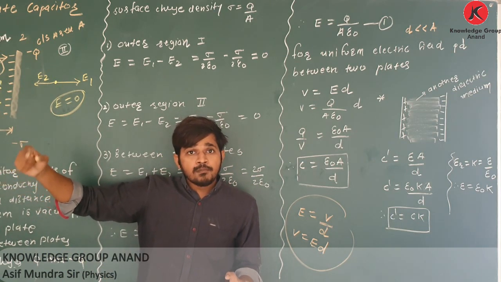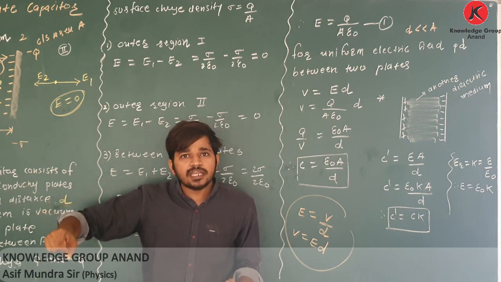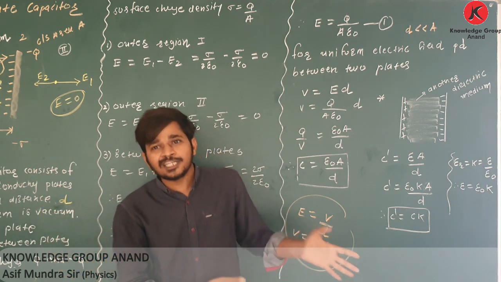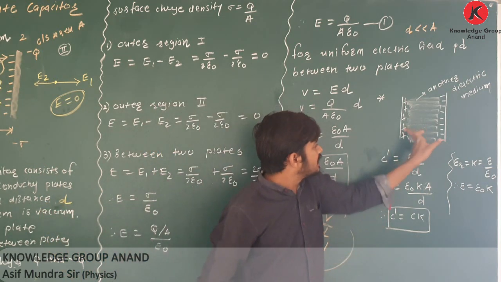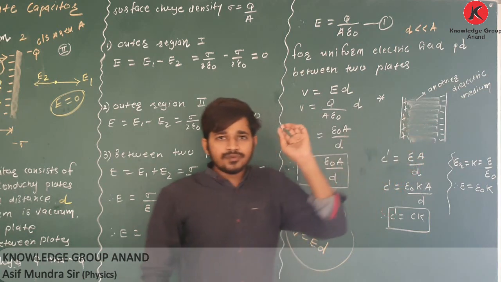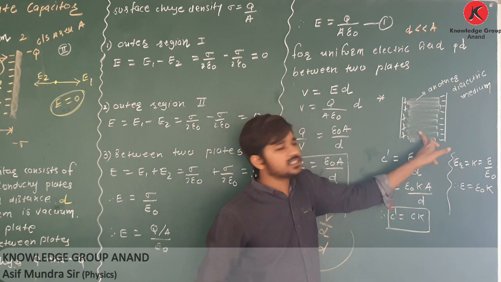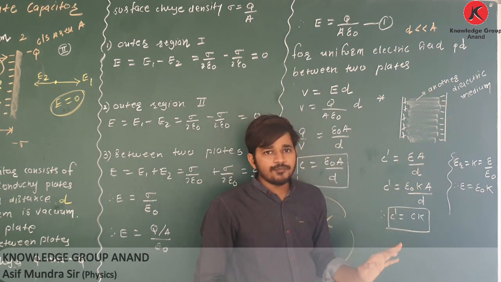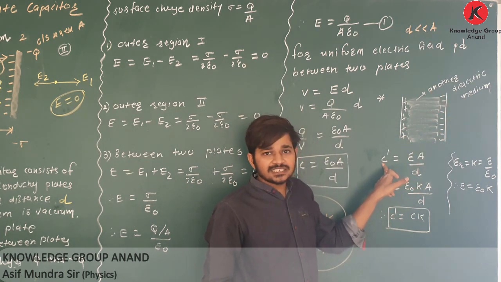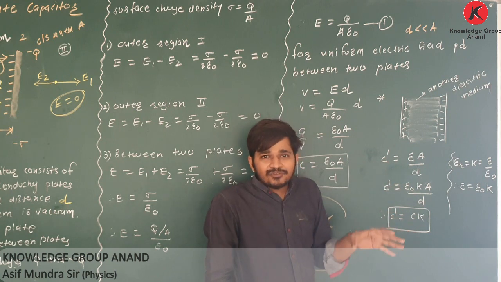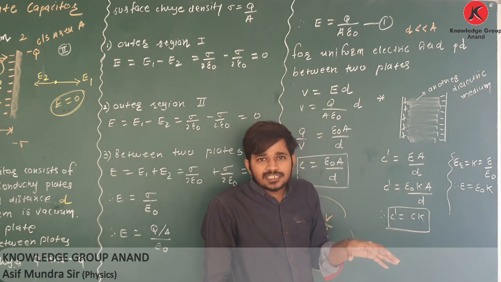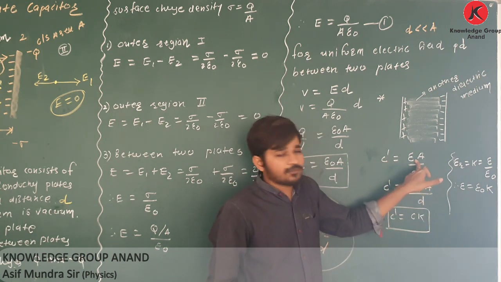Now if the medium between two plates is replaced by some other medium, see here, same two plates with same charge, with same separation, only the medium is changed, another dielectric medium. Then what is its capacitance? Yes, if another insulating medium is placed, you have to write epsilon.